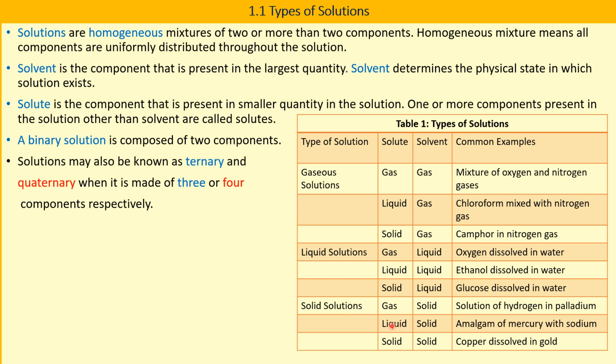The next category in solid solutions is liquid solute and solid solvent. Example is amalgam of mercury with sodium. The last and final category in the solid solutions is both solute and solvent are solids. Example is copper dissolved in gold.